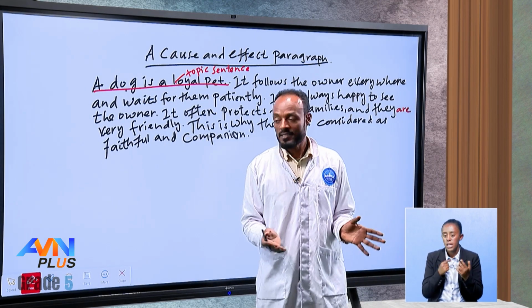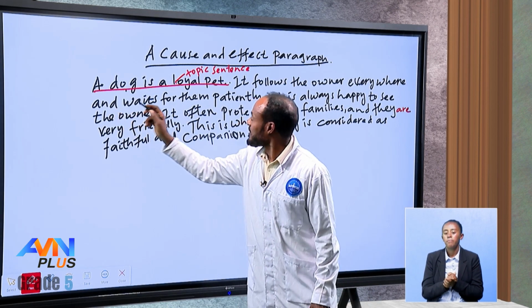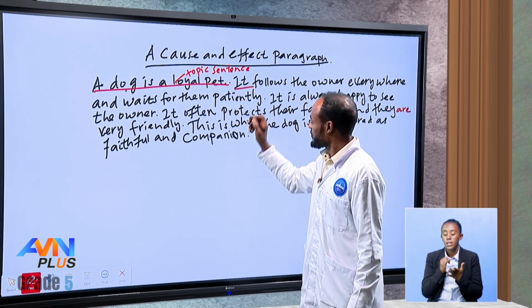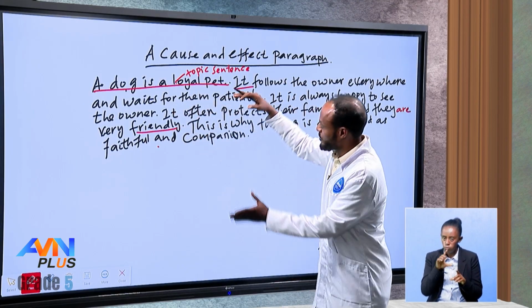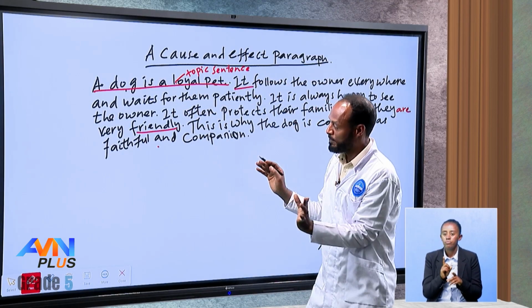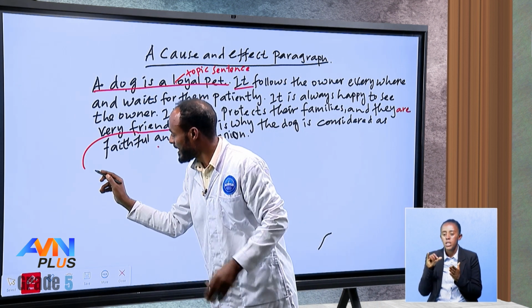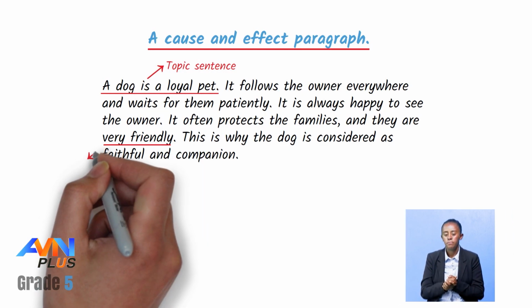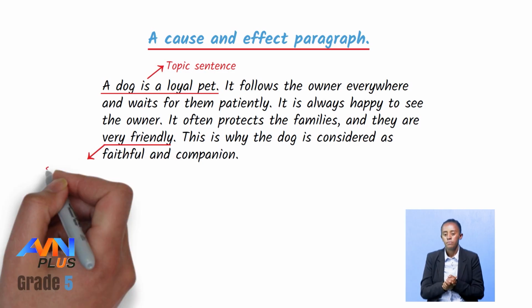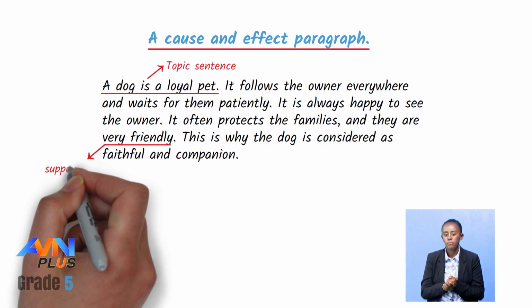So in these sentences, starting from "it" to "friendly", the part which we wrote here is the body, or supporting sentences.